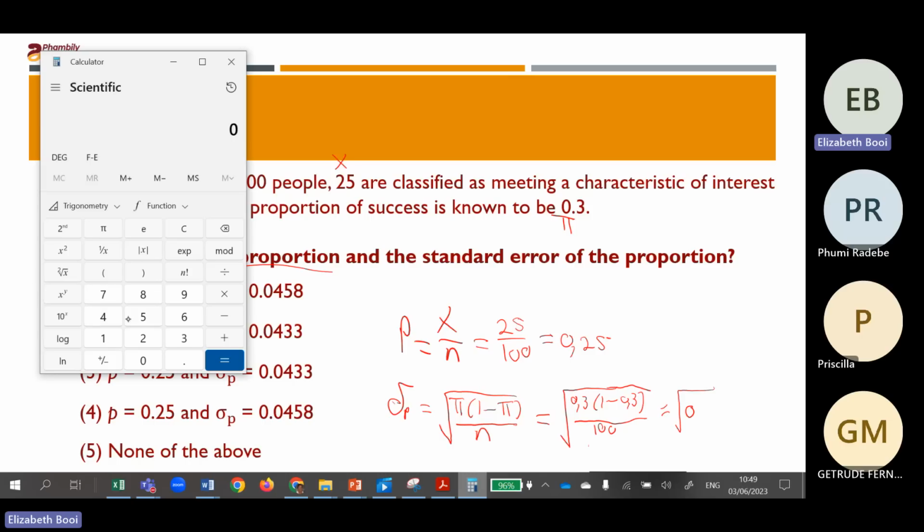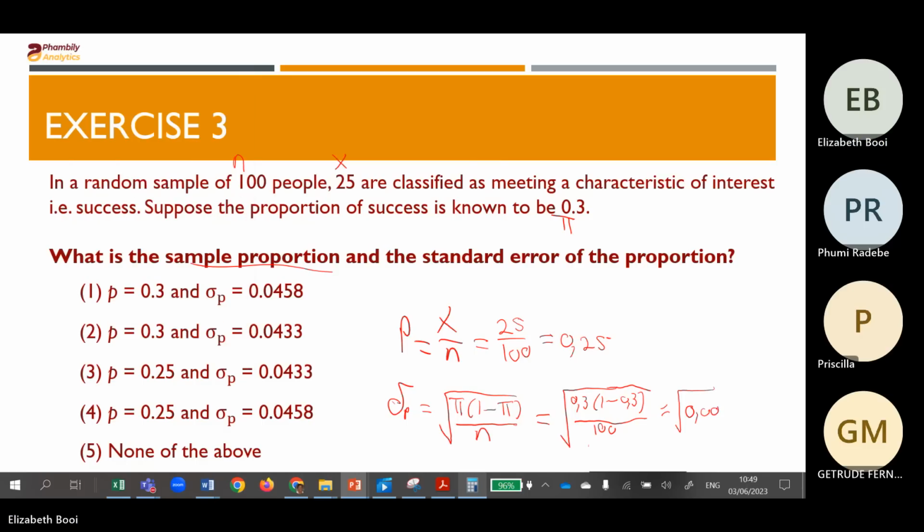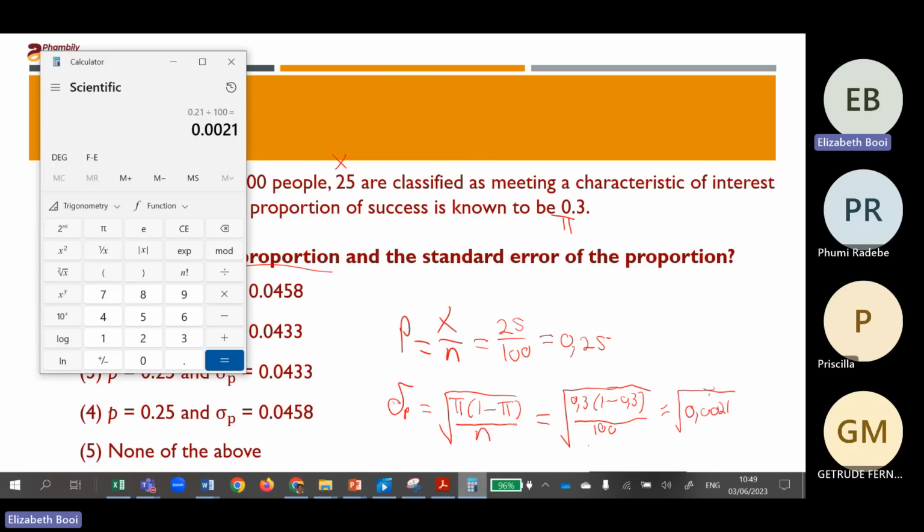Okay, let's start again. 0.3 times 1 minus 0.3, close bracket, equals, divided by 100. It is 0.0021. And then we take the square root of that answer. I'm not sure if my calculator works.